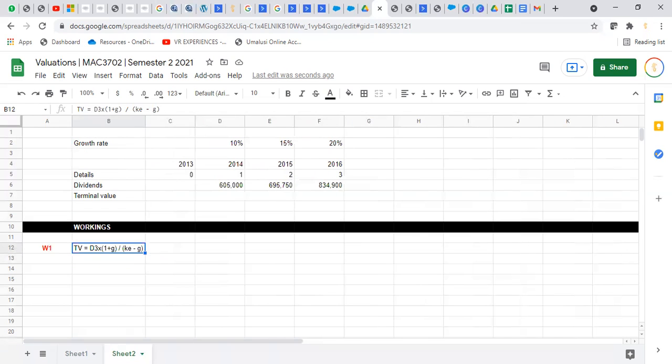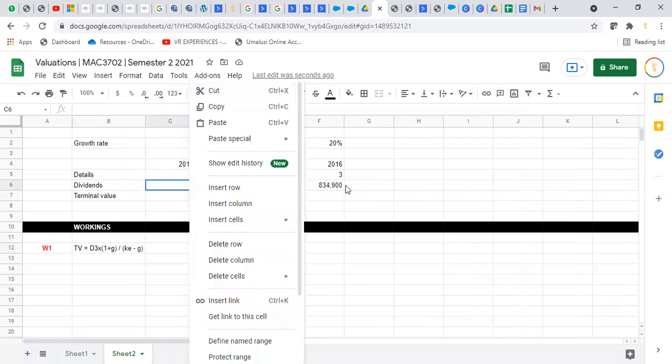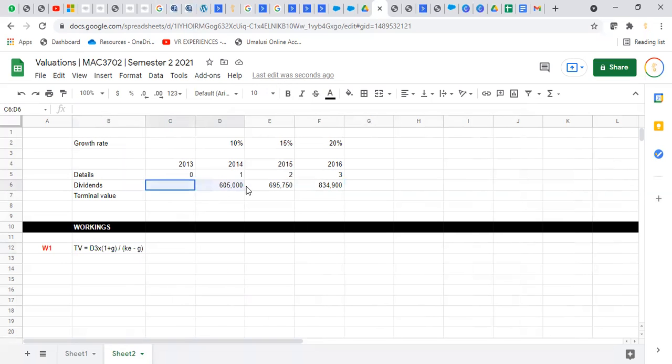That is why it's important to ask yourself, is there an explicit period? An explicit period means that you have specific cash flows and different growth rates during a certain period. And then thereafter, after that certain period, cash flows and growth rates remain the same.